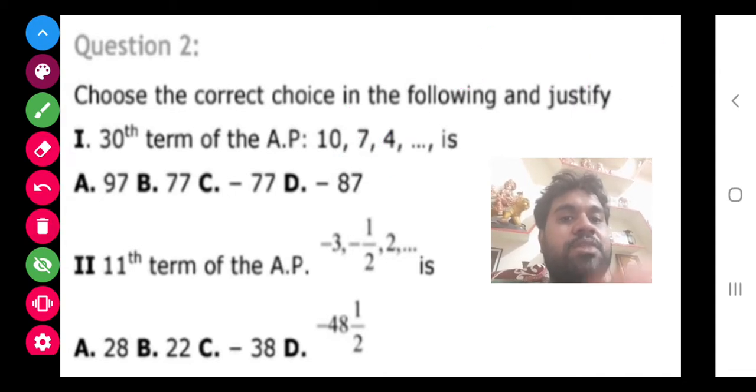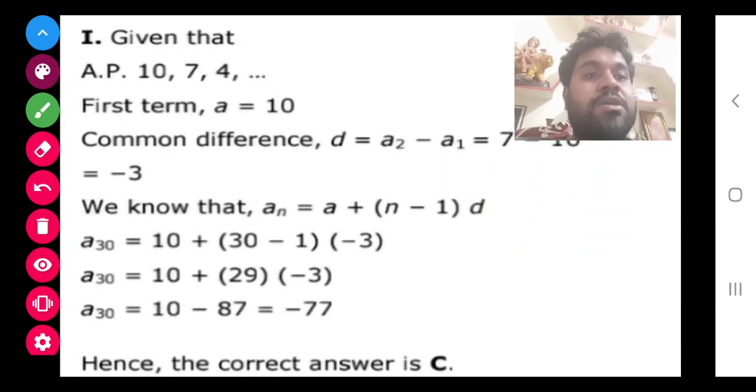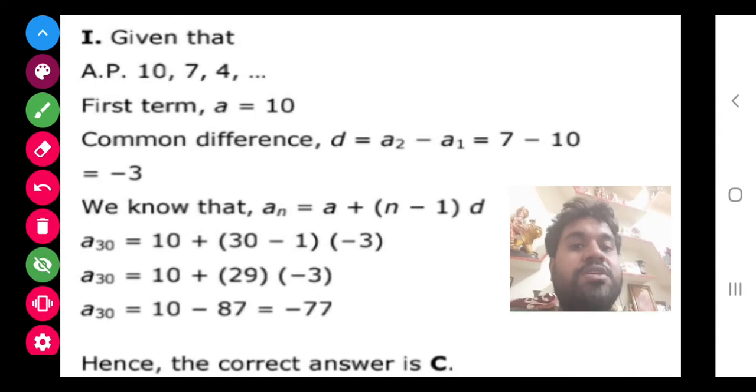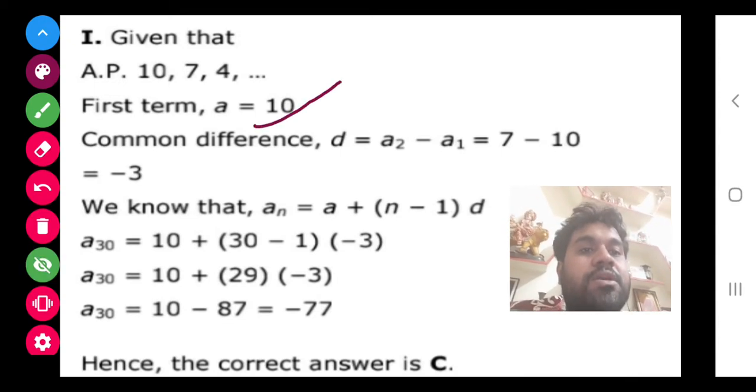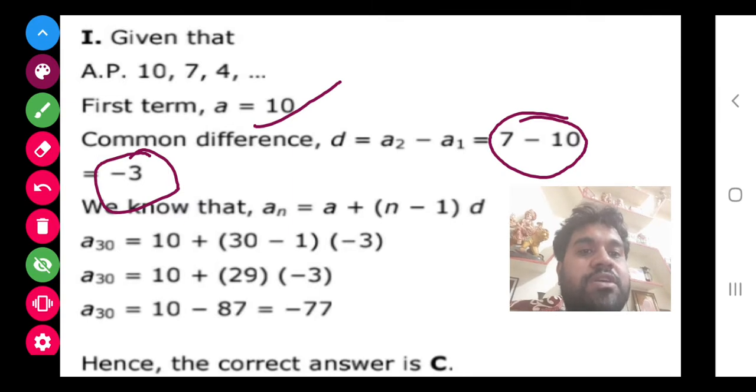We will get the same result. After that, we have to put the formula of an like this. In this you can see that a is your 10, and d they have determined by a2 minus a1, that is minus 3. Difference can be minus 3 also.